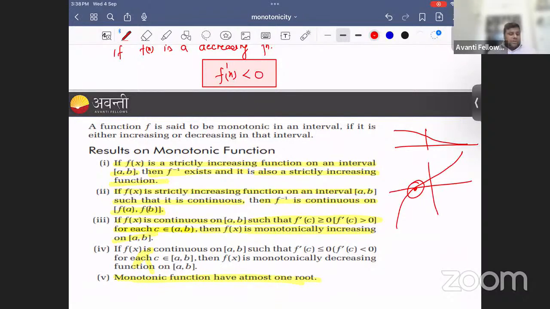So monotonic functions are either always increasing or intersecting the x-axis at one point, or they are decreasing but lying totally above the x-axis or below the x-axis. Got it?